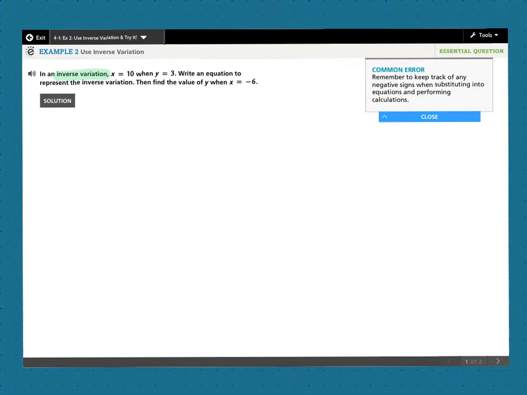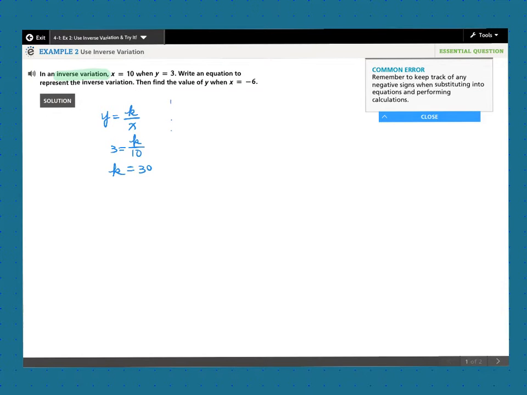It's asking us to write an equation to represent the inverse variation and find the value of y when x equals -6. So we need to write the equation first. So we start with this inverse variation equation, and then you plug in x is 10, y is 3, and therefore you solve that k equals 30.